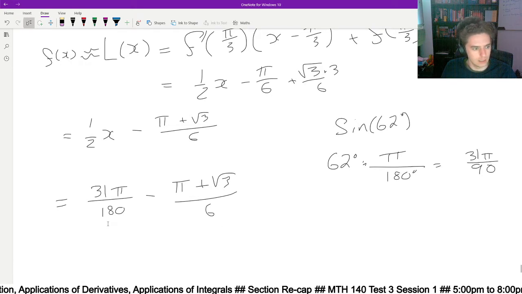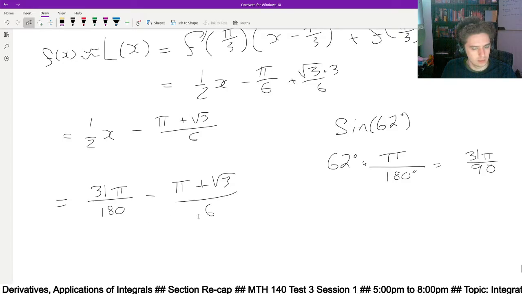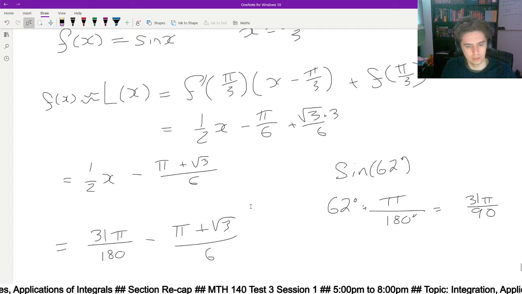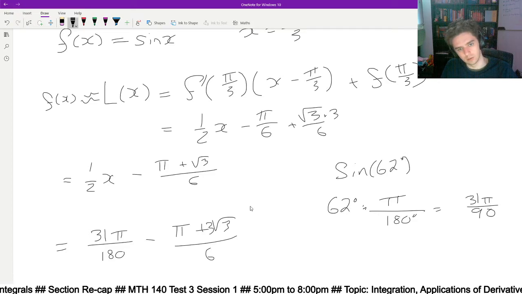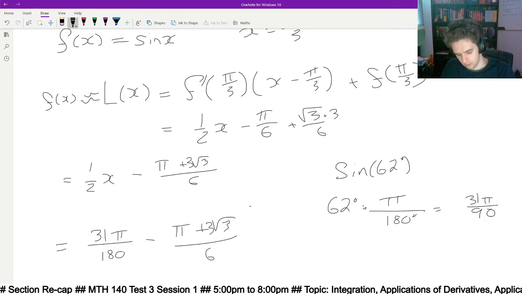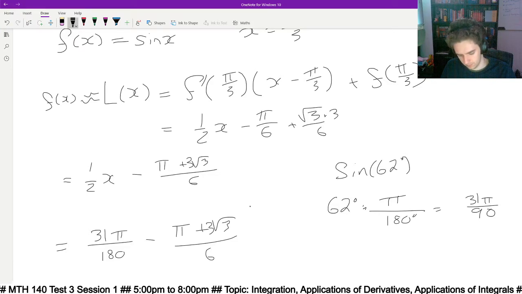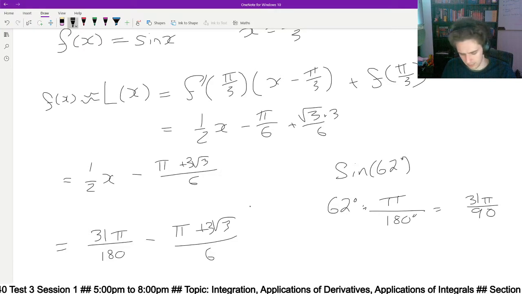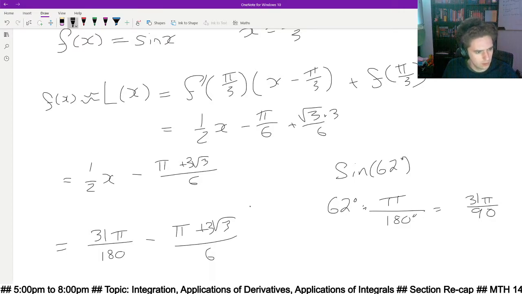31 over 180 is pi over 6. Oh, this is 3 root 3. This is 3 root 3. That's 3 root 3. Still not quite. That's strange. Why do I get that?